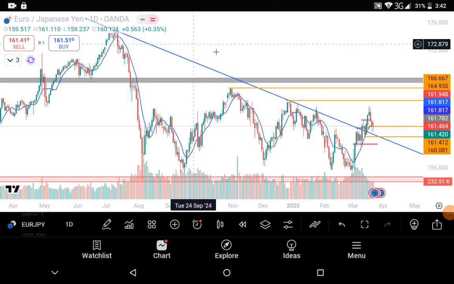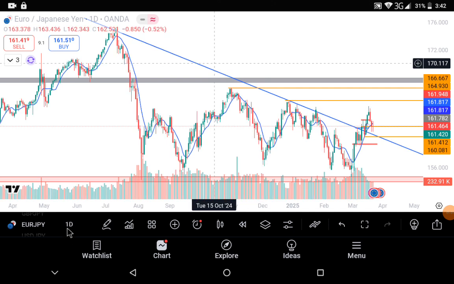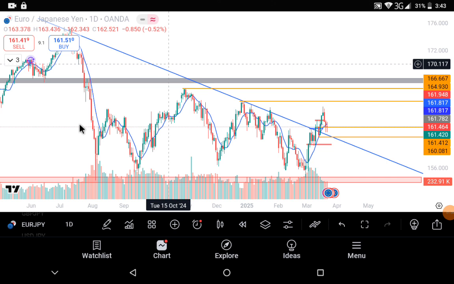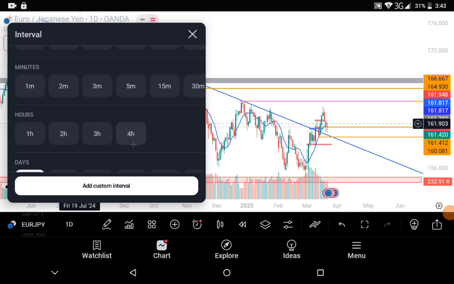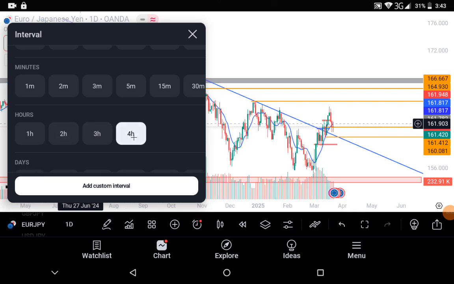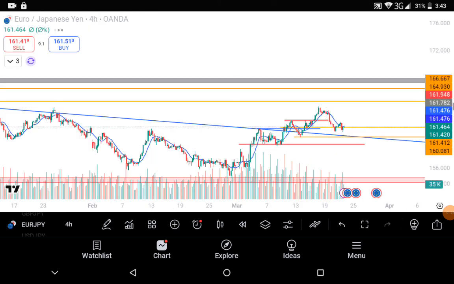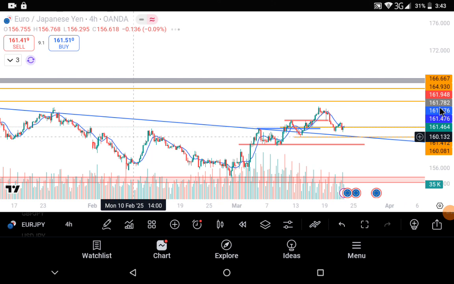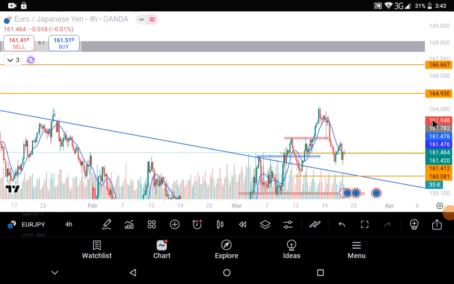This EURJPY, I didn't actually trade it this week, but let me see the 4 hours time frame. This is the 4 hours time frame.